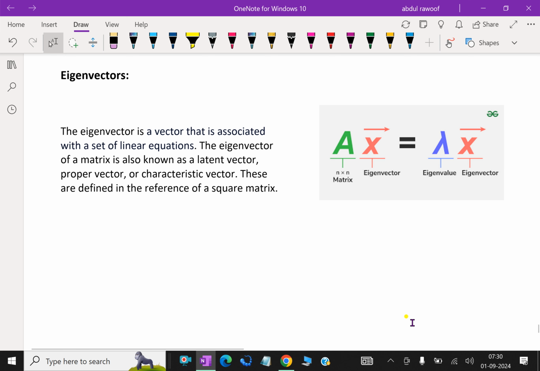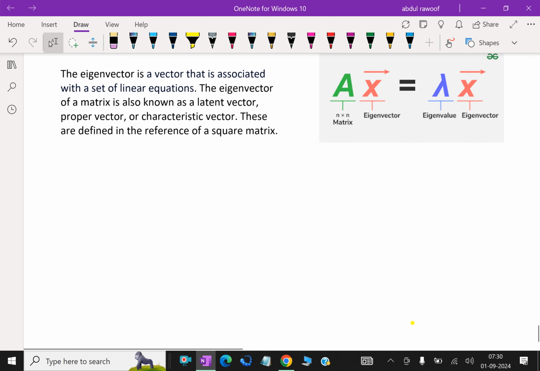One more thing here: the determinant of A minus lambda I must be equal to 0 for this condition. This is the correct lambda that satisfies the characteristic equation.